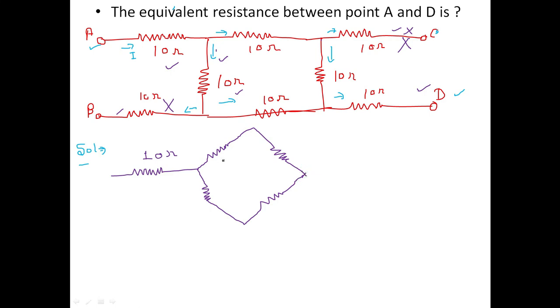This is again 10 ohm, and this is 10 ohm, this is 10 ohm, this one is 10 ohm, and in series with 10 ohm. This is our point D, this is our point A. So we start from this point A, that is 10 ohm, 10 ohm, 10. Then again at this particular point we are going into two branches. Number one this one, number two this one.